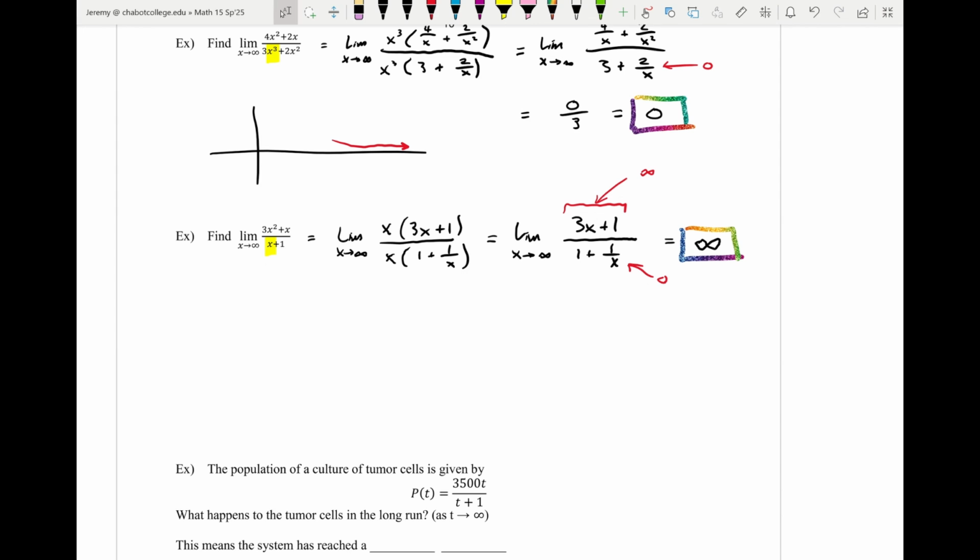And graphically what's going on is we have what we call a slant asymptote. Okay, so the slant asymptote in this case is going to look, and this is again just a sketch, something like that. We have a vertical asymptote at -1. And the graph has this kind of behavior like this.